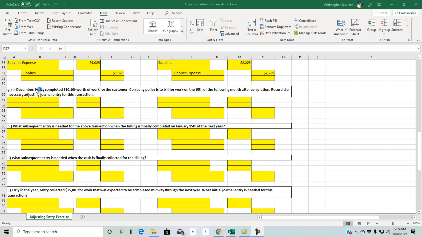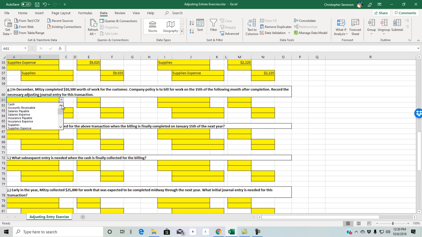So the next adjusting entry is in December. This company completed $10,100 worth of work for the customer. The company policy is to bill for the work on the 15th of the following month. So this is an accrual entry. We're accruing revenue. And what we do there, they haven't billed yet, and they certainly haven't collected, so no entry has been recorded.